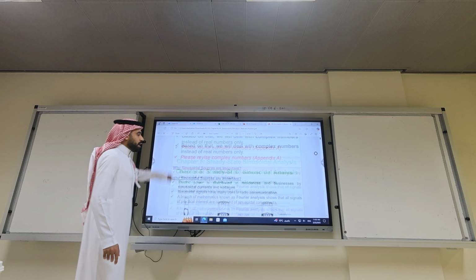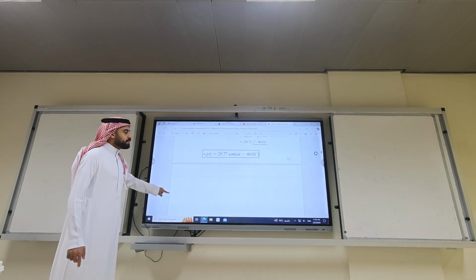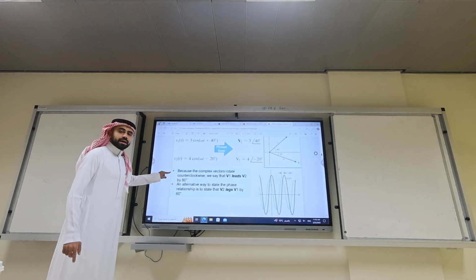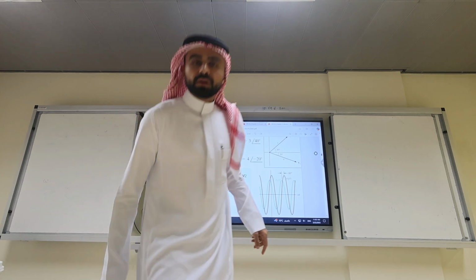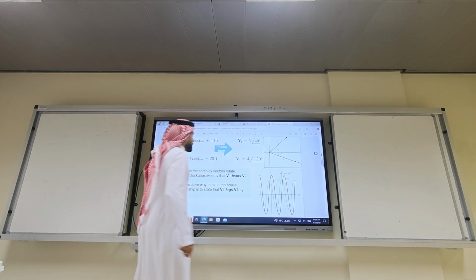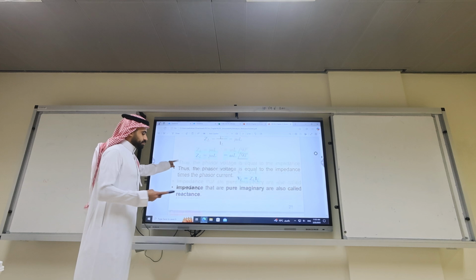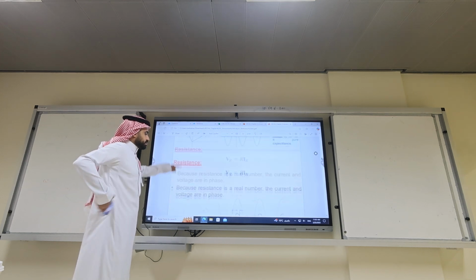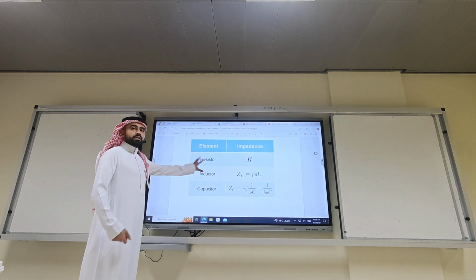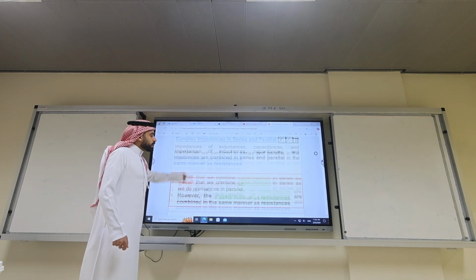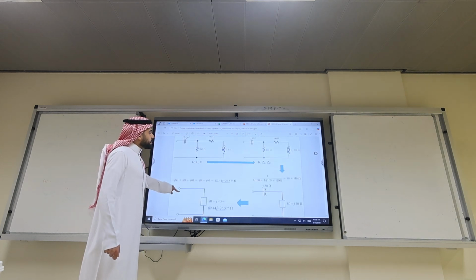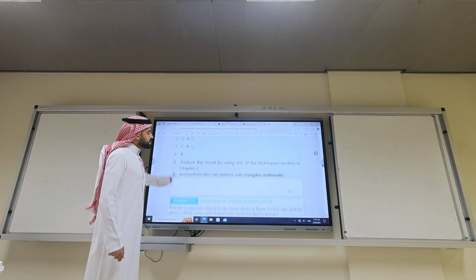Okay, so recall the most important table is that table, right? You remember that table? Yes. So today we'll keep using it for another example.